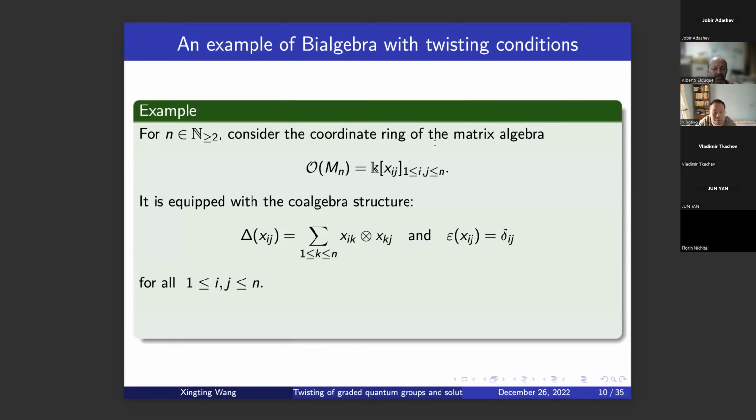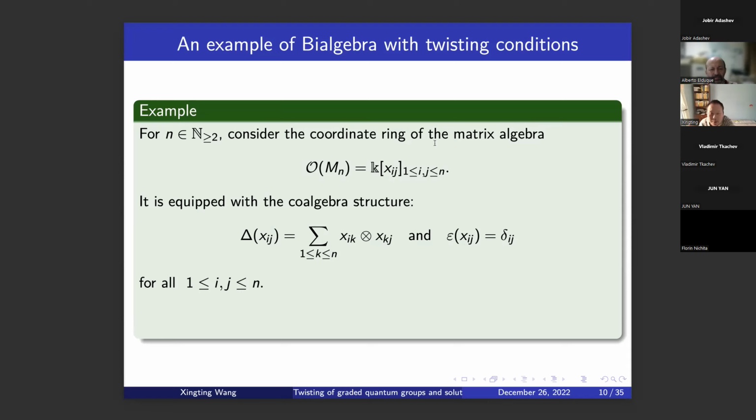So I take a positive integer n, which is greater than or equal to 2, and I consider the classical coordinate ring of the matrix algebra. Okay, so it is not quantized anymore. It's just a commutative bialgebra, which is a polynomial ring in n squared variables, each variable with double indices. x_ij means the ij entry of the matrix.